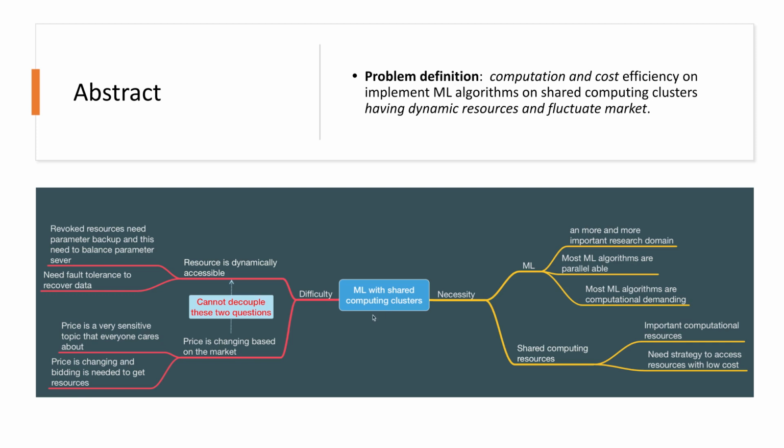Shared computing resources are adopted by most researchers, given that they are convenient and there is no need to buy the devices. Most users just need to train the models once and deploy the algorithms locally, so there is no necessity for them to buy the hardware. And the second part is the difficulties.